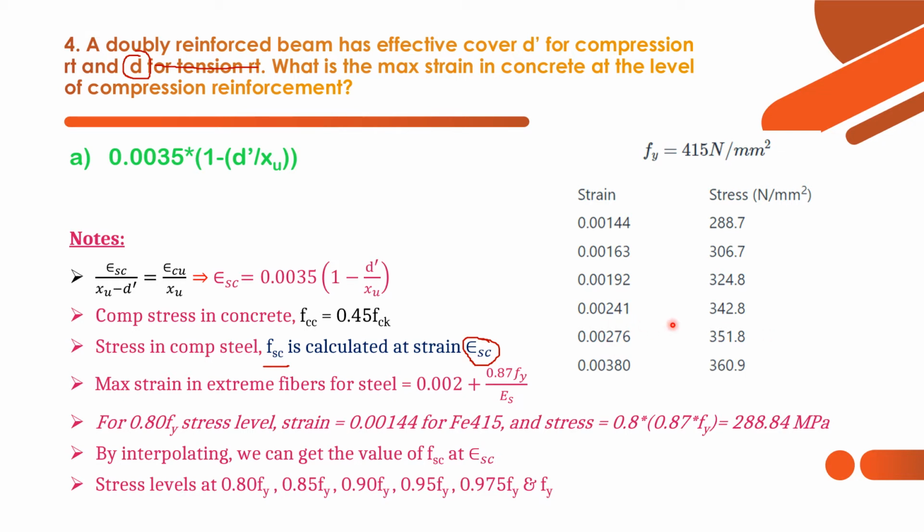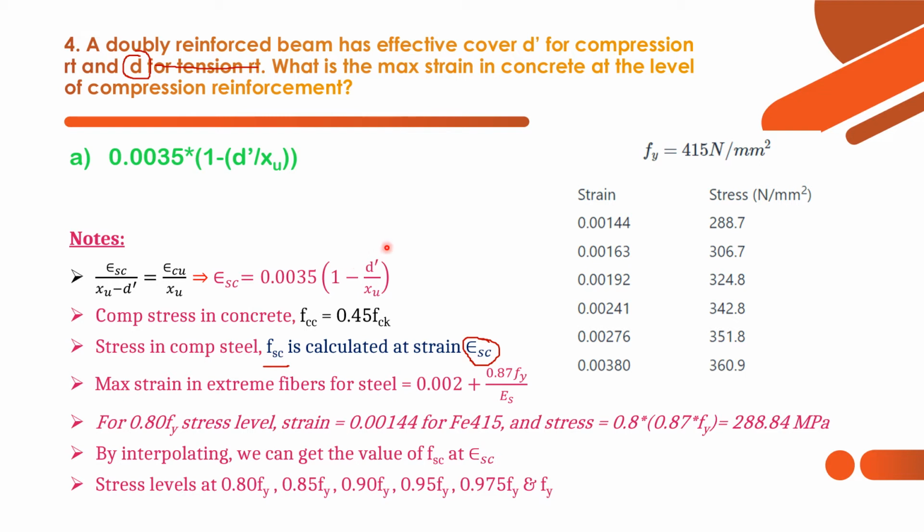Then correspondingly we have to interpolate between these two stress levels, so that we can get the value of FSC. If at all in the question they have not mentioned the value of FSC, then we have to calculate like this only.